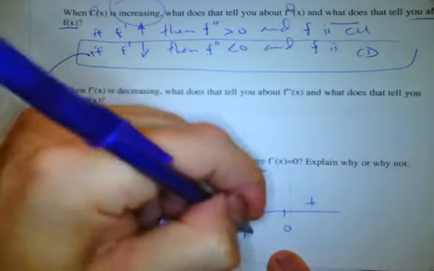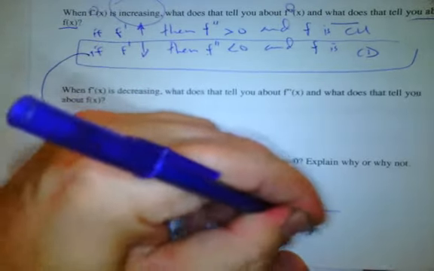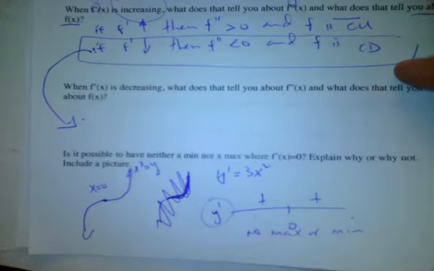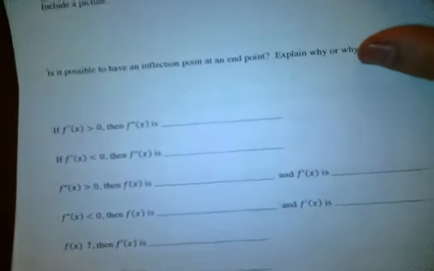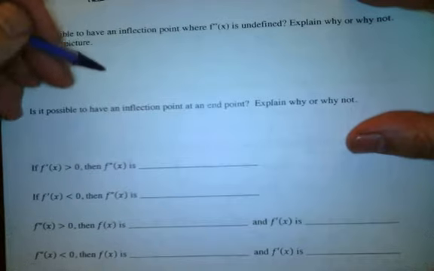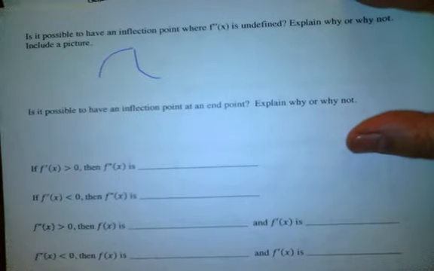And if I plug in a number over here like +1, +1 squared is 1 times 3 is +3. So I'm looking at a situation where I have no sign change on y prime, and therefore no max or min. We need to have a sign change on y prime or f prime in order to have a max or min on y or f.